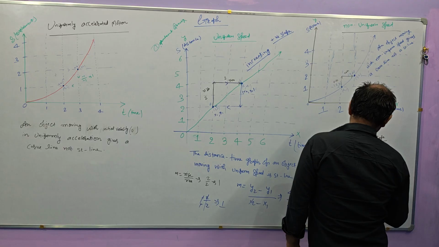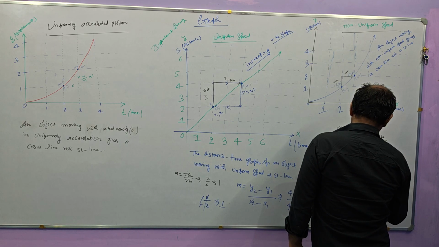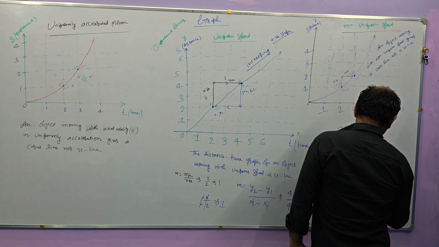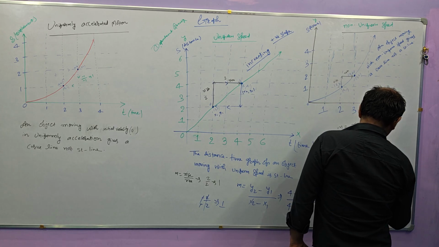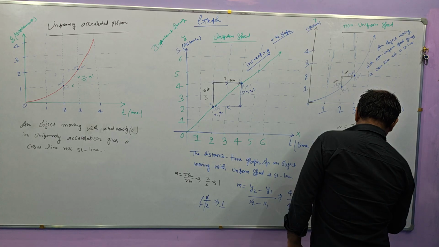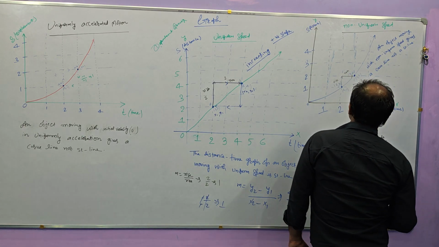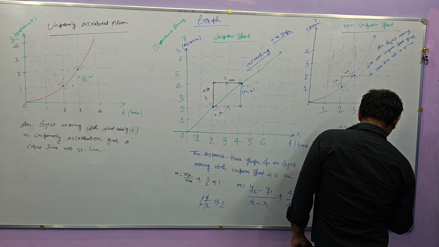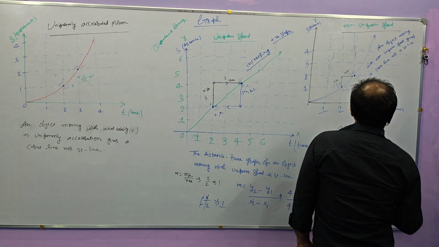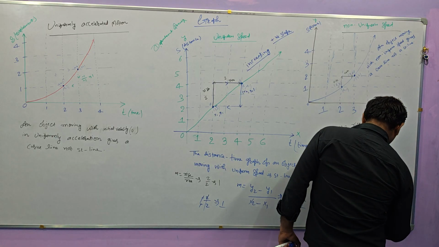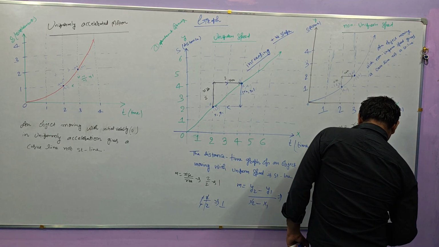So we get m is equal to y2 minus y1 divided by x2 minus x1. So y2 minus y1 is 2 minus 1, x2 minus x1 is 3 minus 2.